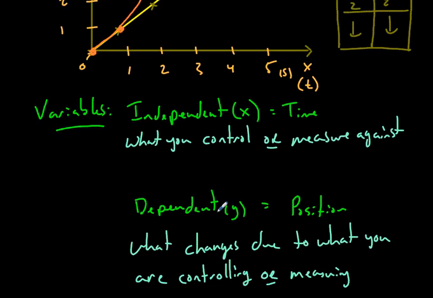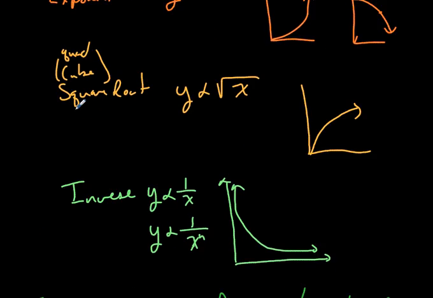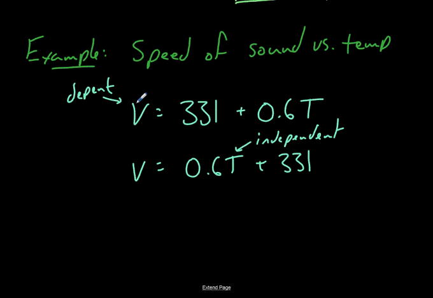The y-axis, right? There it is. Written out for you. It's on the y-axis. So could we then say v in this case is like the y, okay? And then t, the independent, is like the x. y equals 0.6x plus 331. What does this format mimic in your mind?